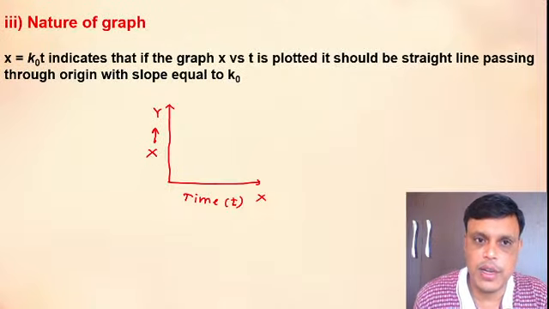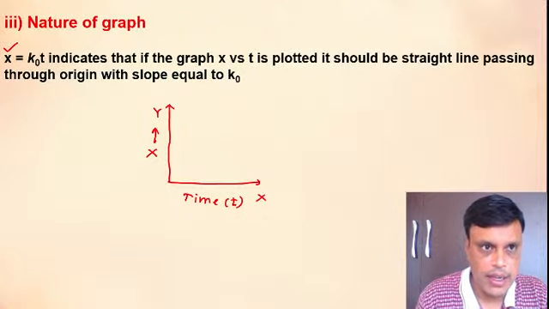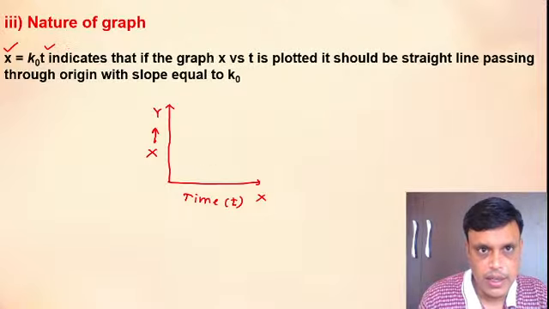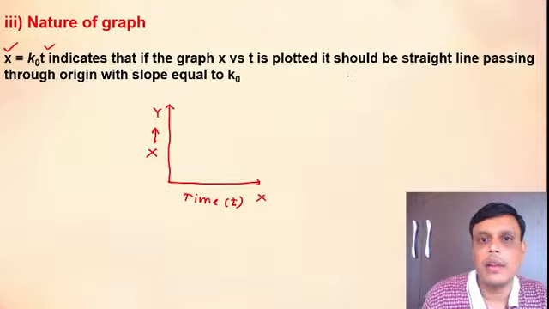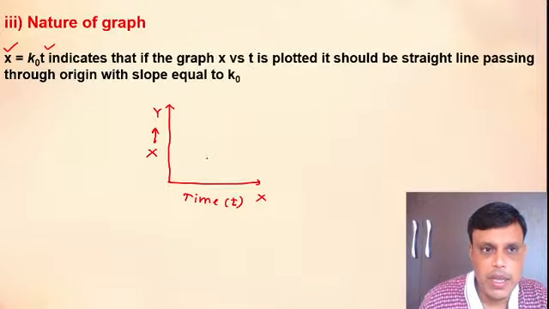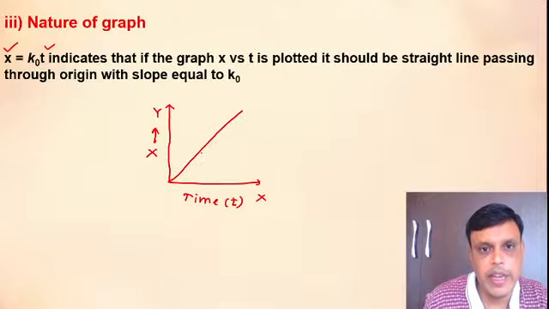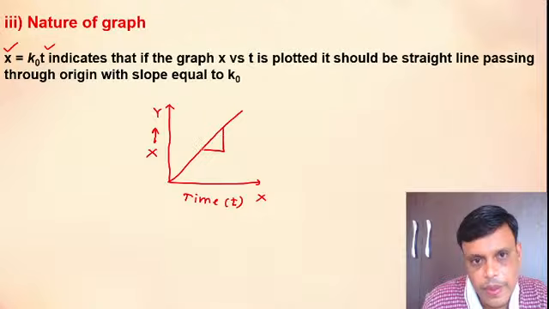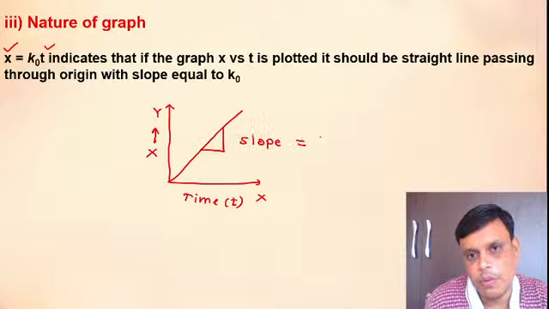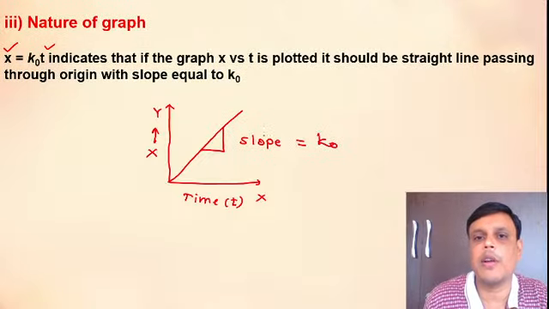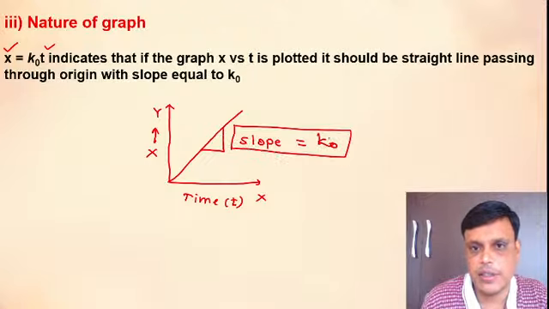This graph indicates that the line should be a straight line passing through origin, and the slope of this line is equal to k0, so by slope you can find out k0, the rate constant for zero order reaction.